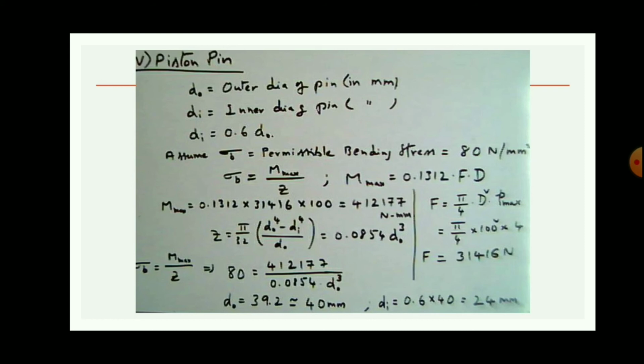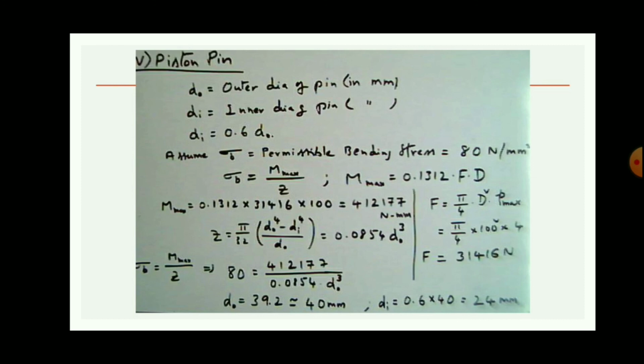From that, first we have to calculate M max, which is the maximum bending moment, equal to, as we have already seen in the formula, 0.1312 into F into D. We know F and D, so from that we will be able to calculate M max.